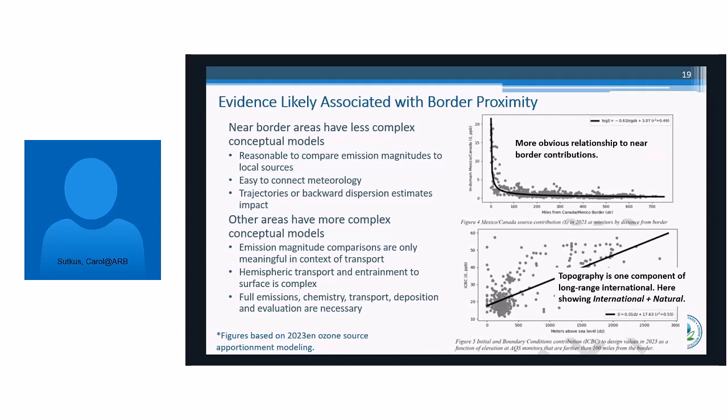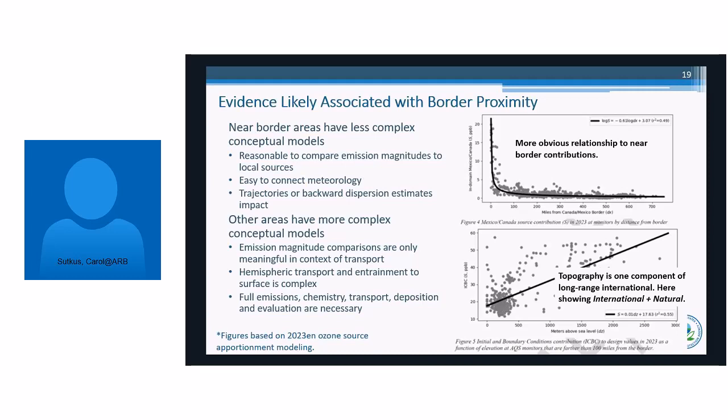Now, I wanted to highlight from some ambient observations why we believe that border proximity is likely associated with the level of complexity of a conceptual model. In general, near border areas have less complex conceptual models for reasons shown on the right-hand side. On the right-hand side, we have the in-domain Mexico and Canada contributions to monitors within the U.S. from some modeling that was done here at the EPA.